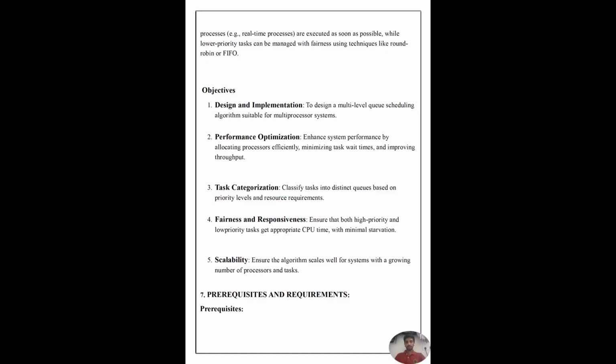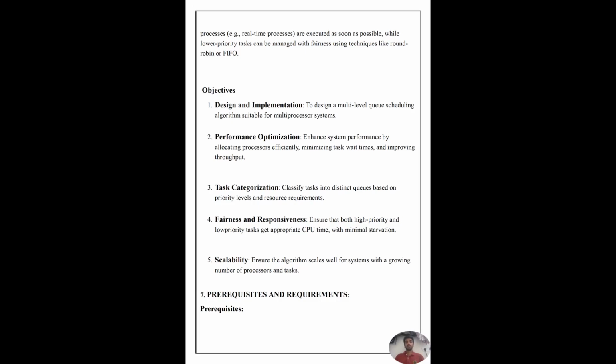Fairness and responsiveness: ensure that both high priority and low priority tasks get appropriate CPU time, with minimal starvation. Scalability: ensure the algorithm scales well for systems with a growing number of processors and tasks.